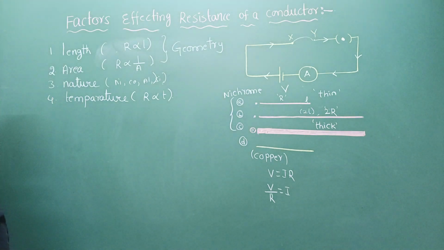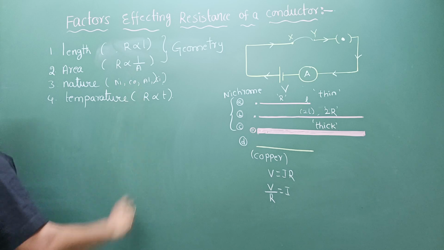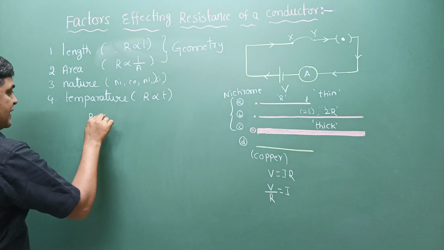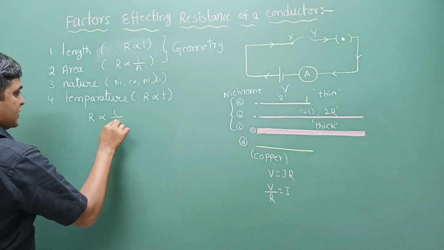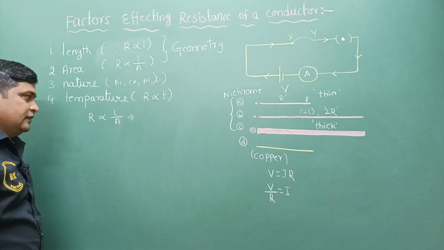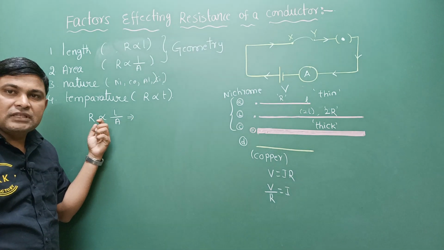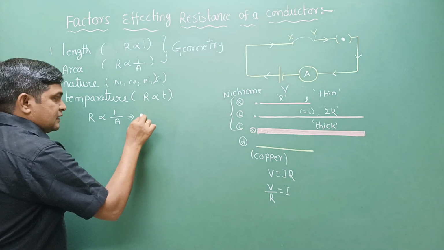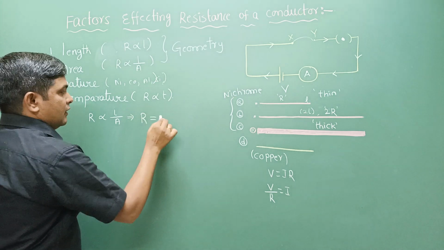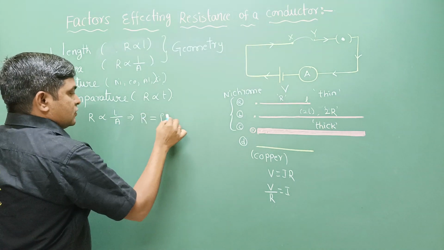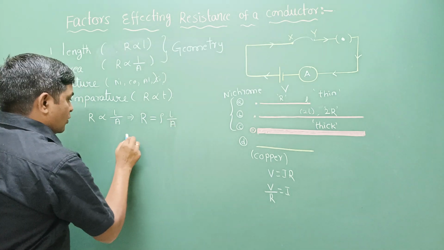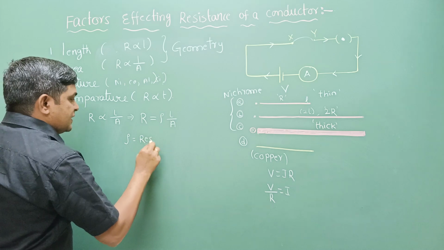Whenever you are thinking about the geometrical properties, then R is directly proportional to L and inversely proportional to A. To remove the proportionality, what do we do? We put an equal sign and a constant, which is rho. R equals rho into L by A. Now what is that rho? Here rho is resistivity.